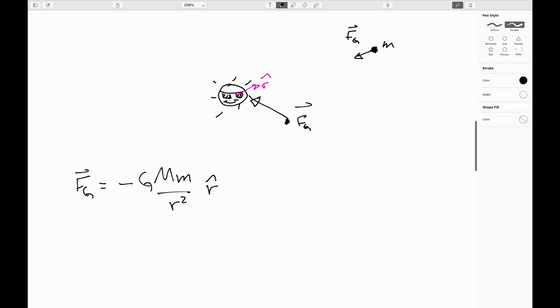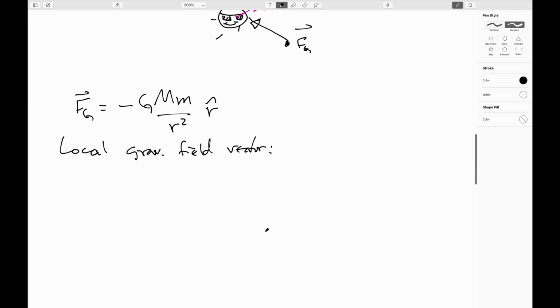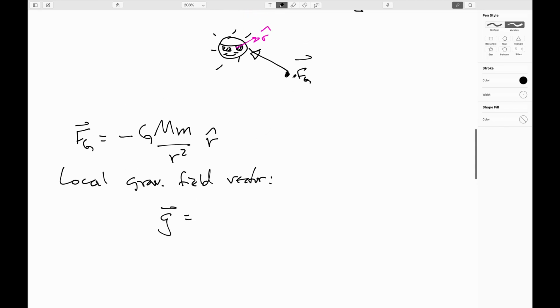So to that end, we can define what's called the local gravitational field vector, based on the effect that we would get if we put a rock somewhere.